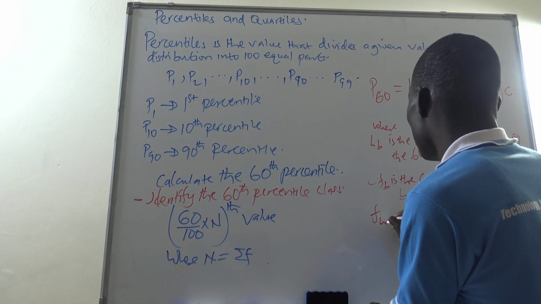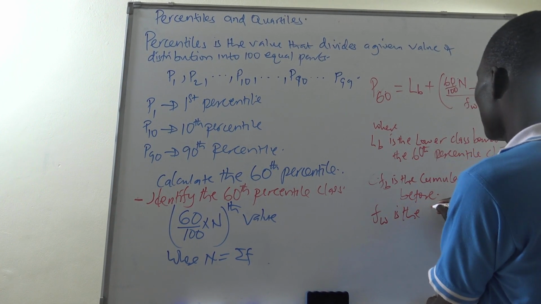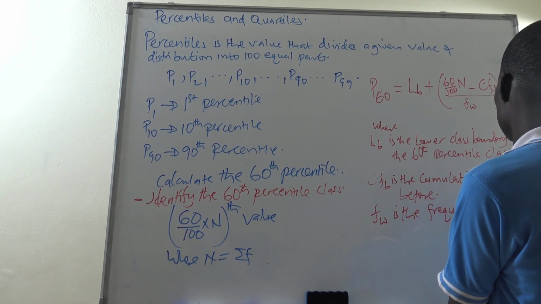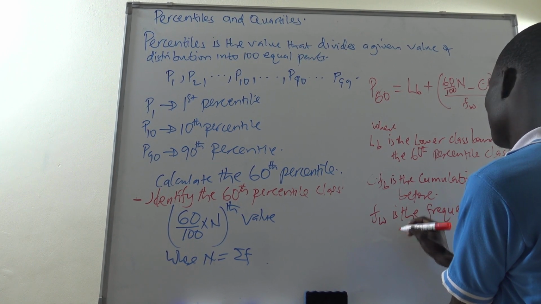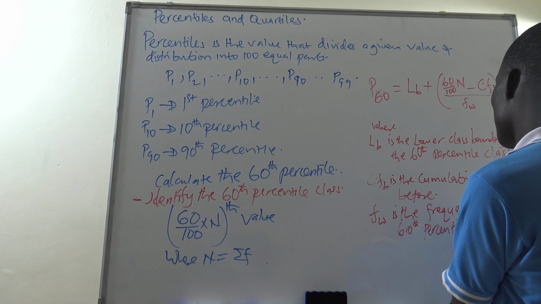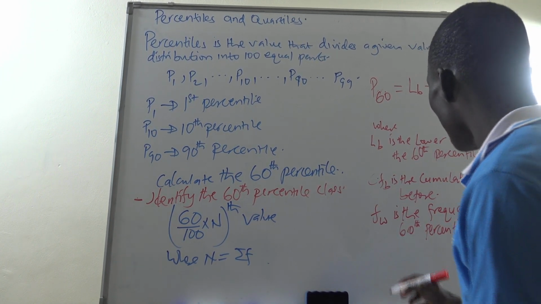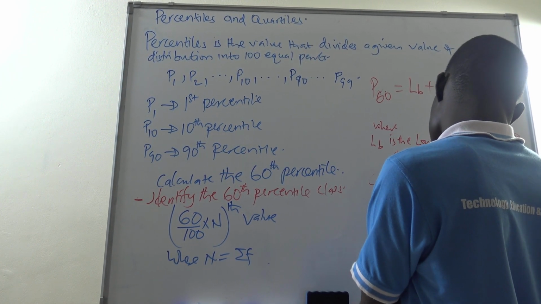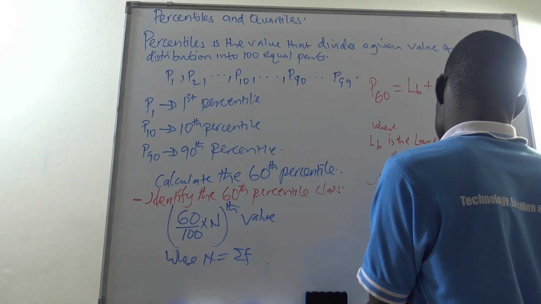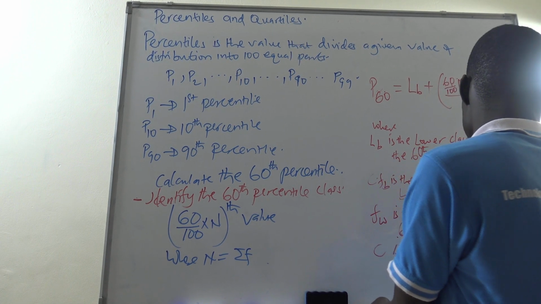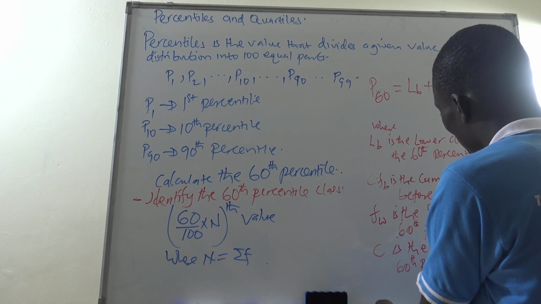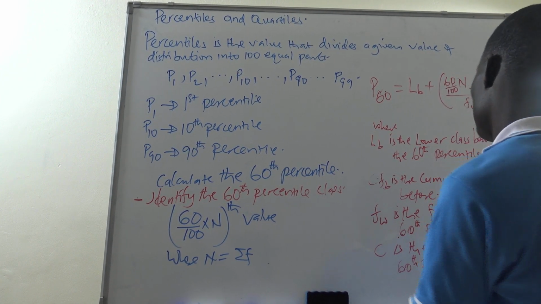Then FW is the frequency within the 60th percentile class. Then we have C, which is the class width of the 60th percentile class.